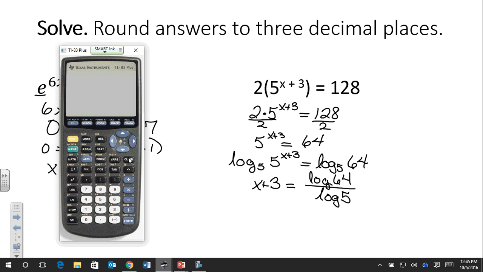So log 64, close parentheses, divided by log 5, and we get 2.584, right? And so what are we going to do to get x by itself? Subtract, so we'll take away 3.